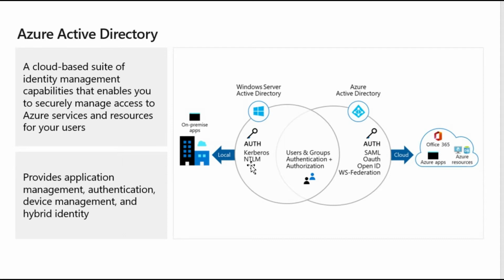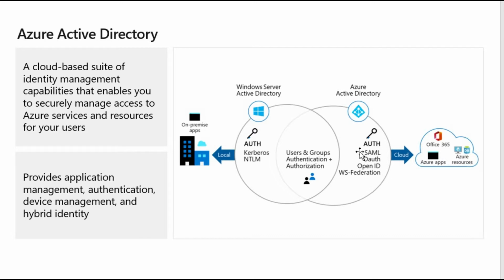On-premises Active Directory uses authentication protocols called Kerberos and NTLM. In the cloud, we use a few different authentication protocols: SAML, OAuth, OpenID, and WS-Federation. These are the protocols available in the cloud.